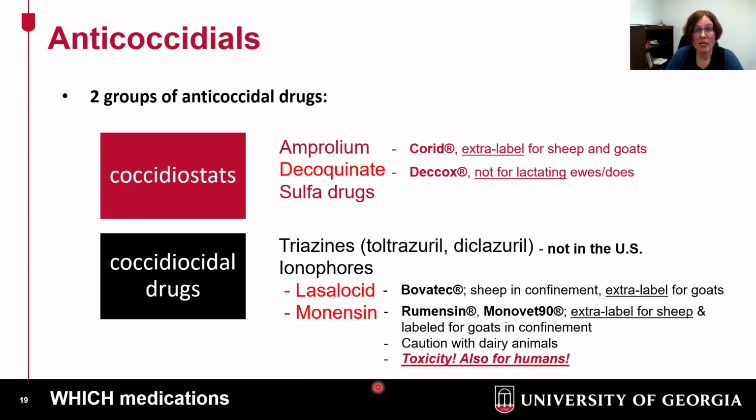Monensin is the other way around. It's labeled for goats in confinement, but it's not labeled for sheep. With monensin, there is toxicity if you overdose it. It's also toxic for humans. So this is something a lot of you will be aware of that needs to be handled with care, but it is highly efficient.